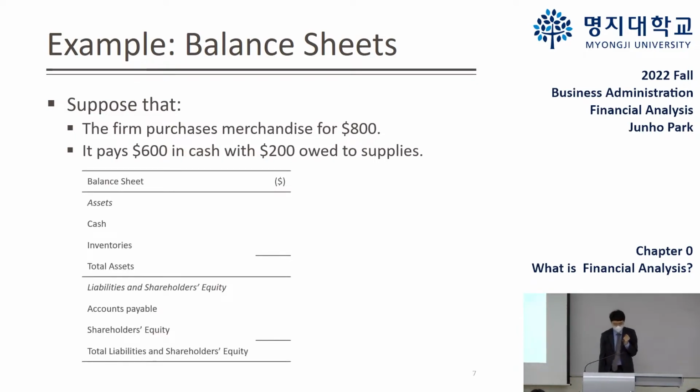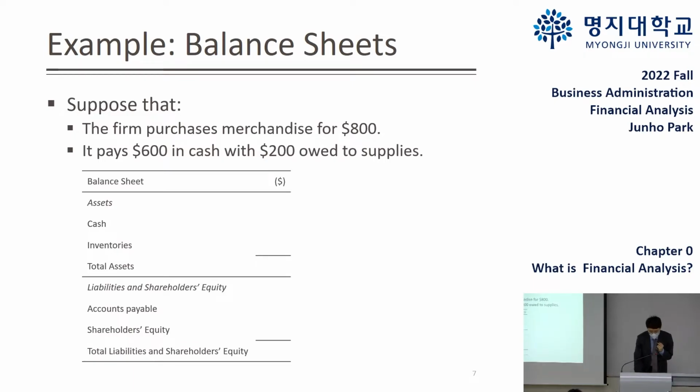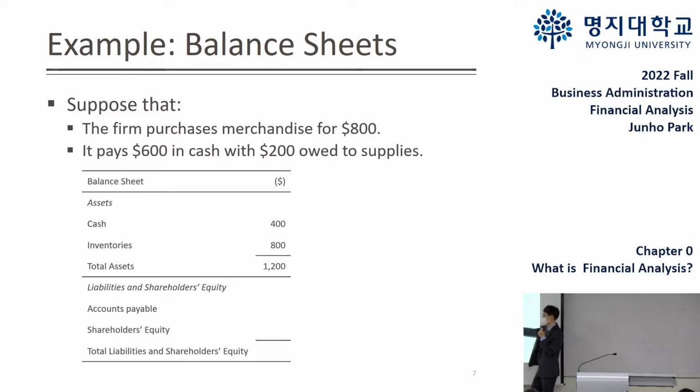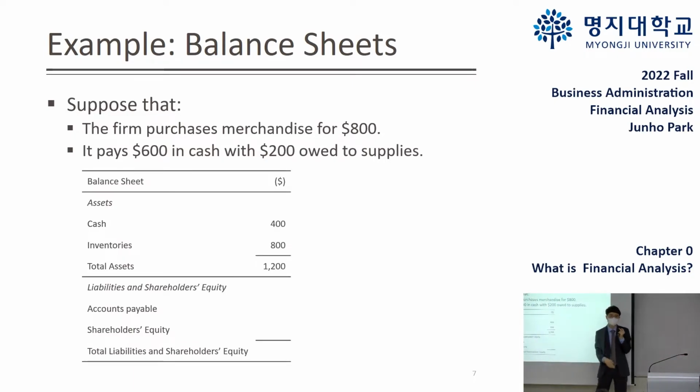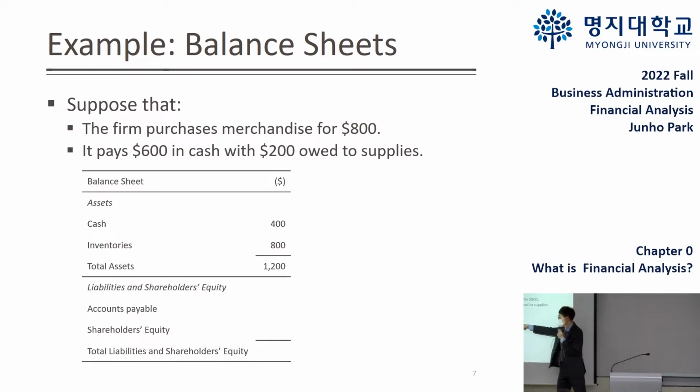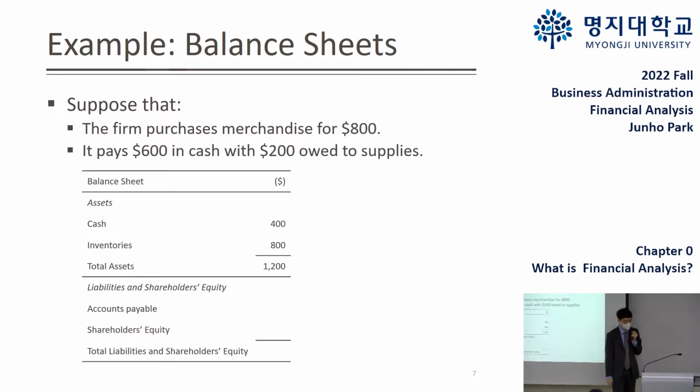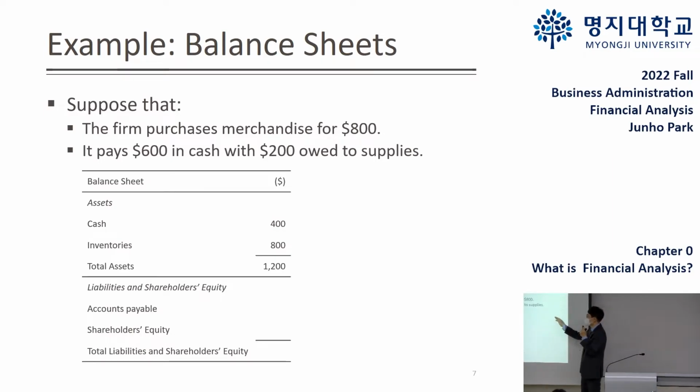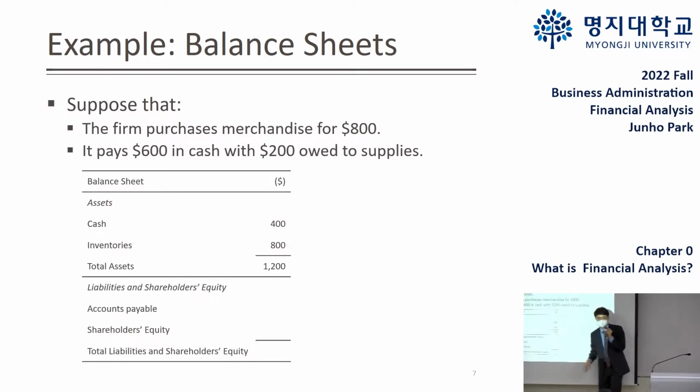And then by this transaction, your balance sheet will change. Let's take a look. First, you spent $600 of your cash from $1,000. So now you have $400 cash. And at the same time, you purchased merchandise, so it is now in your inventory.